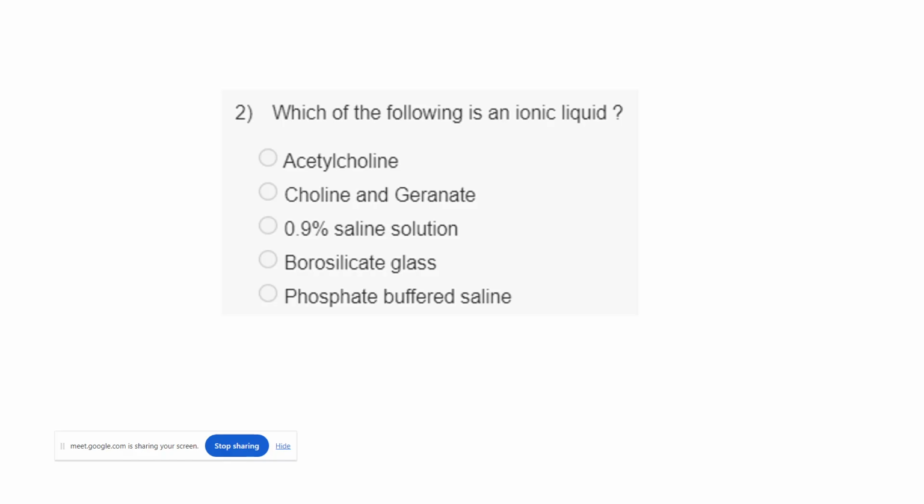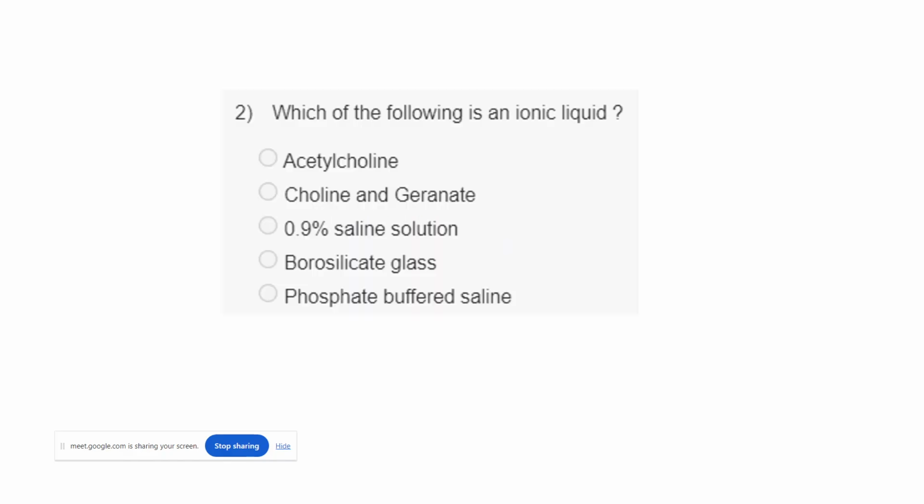Yes, both of you are correct. It would be choline and geranate. Ionic liquids are basically organic salts that are liquid at the optimal temperature or below 100 degrees Celsius. So choline and geranate is an ionic liquid.